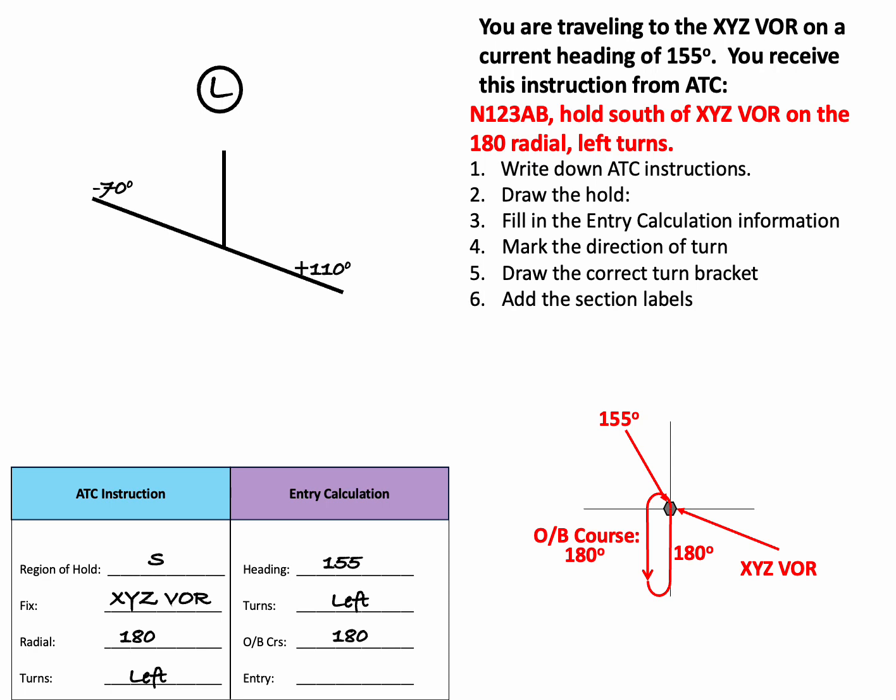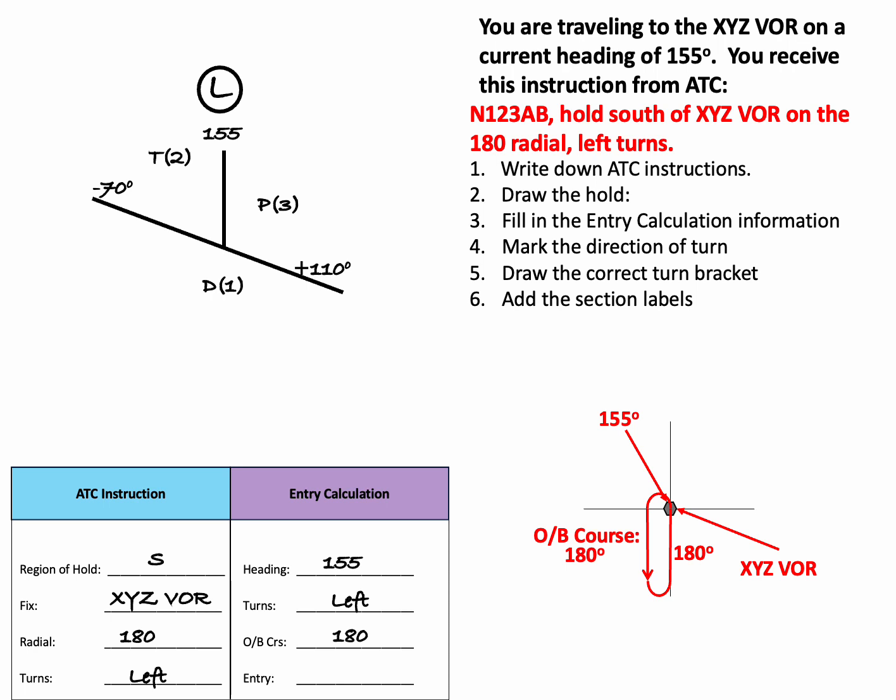Minus 70 degrees for teardrop and a 2, meaning teardrop is the second priority. Then plus 110 degrees for parallel and a 3, meaning parallel is the third priority. Then label the direct section with a 1, meaning direct is the first priority.